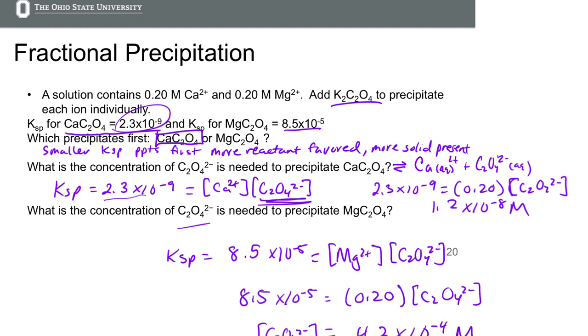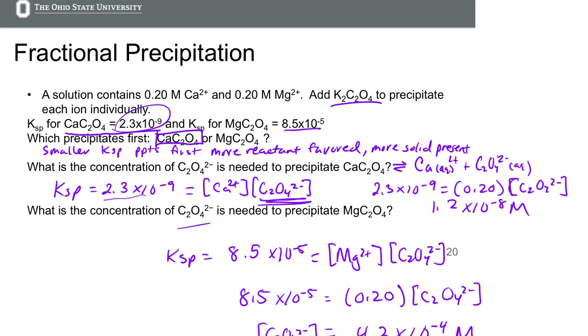Okay, so what does that mean? If we have magnesium ion solution by itself, and we want to precipitate out magnesium oxalate, we need to add the oxalate until the concentration gets to 4.3 times 10 to the minus 4 molar. Once we get to that concentration, that magnesium starts to precipitate. Right.